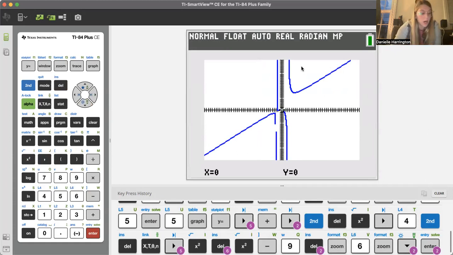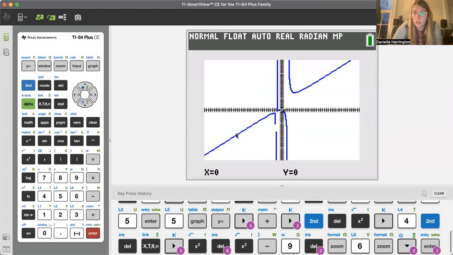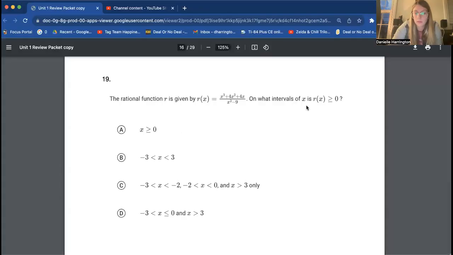We want to know where y is larger than 0. Where is it above the x-axis? Well, there's 2 sections where it's above the x-axis. So let's take a look at our options. I'm looking for 2 intervals. That's only 1 interval.